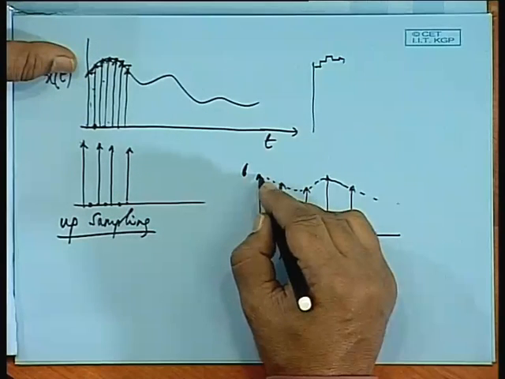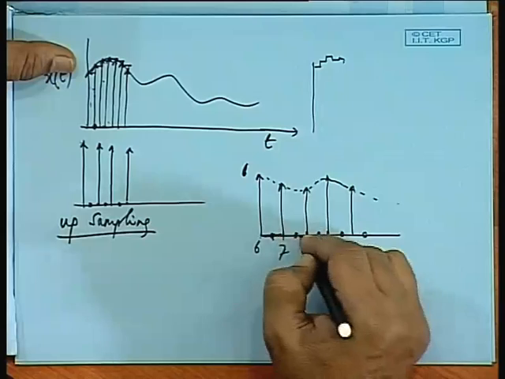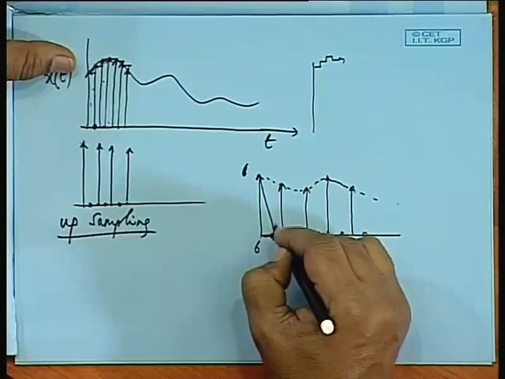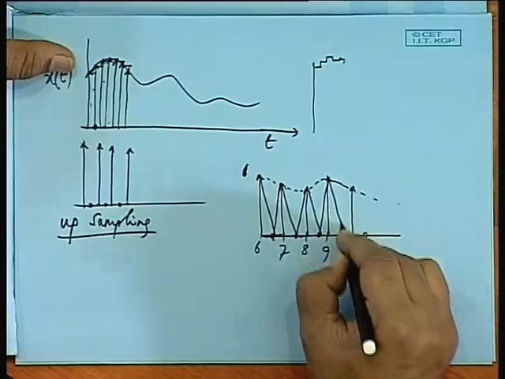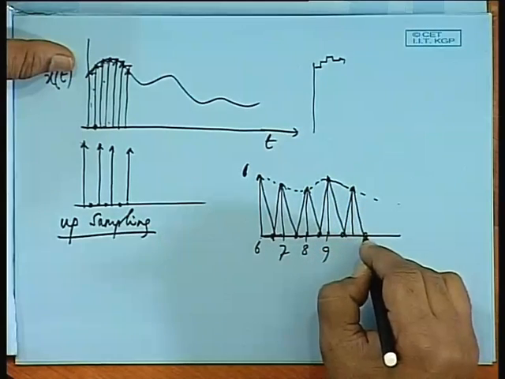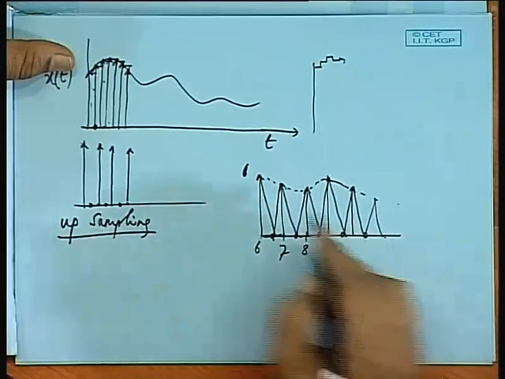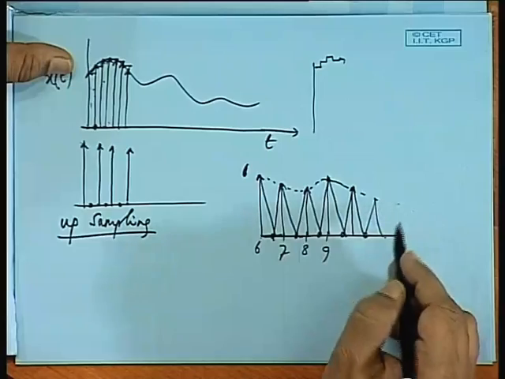If I make a 0 here, then the profile will be like this. It is not the same as this, you are bringing it down to 0. So, there is a sharp change taking place which is not representing the original sequence. A sharp change means high frequency components. So, you have to eliminate this.